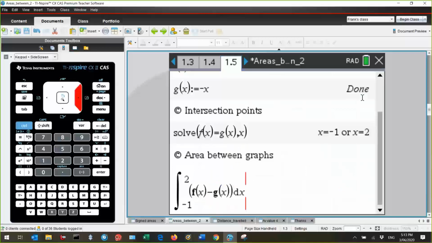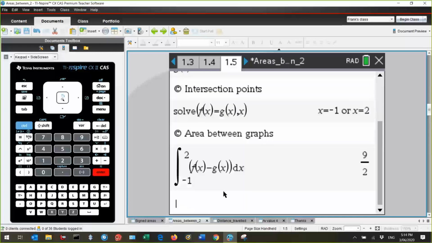And I could do the same thing in the calculator application, just the integral of f of x minus g of x. Now from the graph I knew that f of x was above g of x, so that's why I put the f of x first, and 9/2, the same result as I got in the other application.